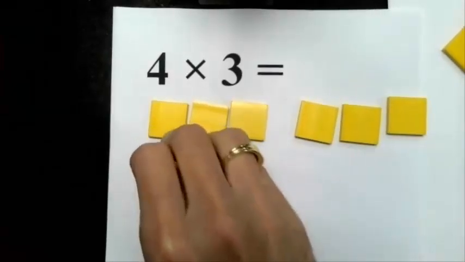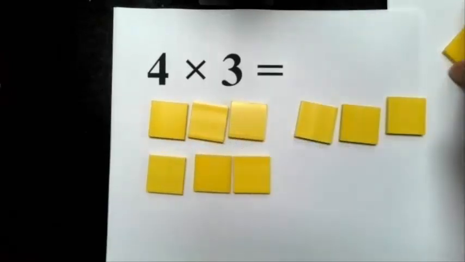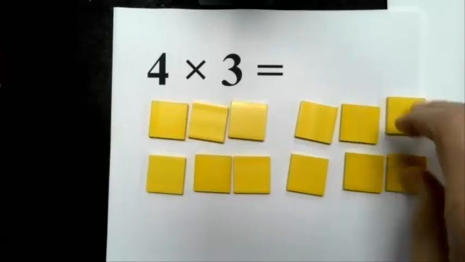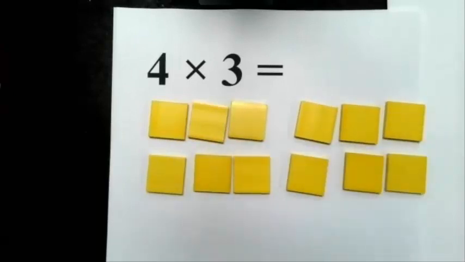And I need 4 groups of 3. When I count the number of counters that I have here, I see that there are 12. 4 times 3 is 12.